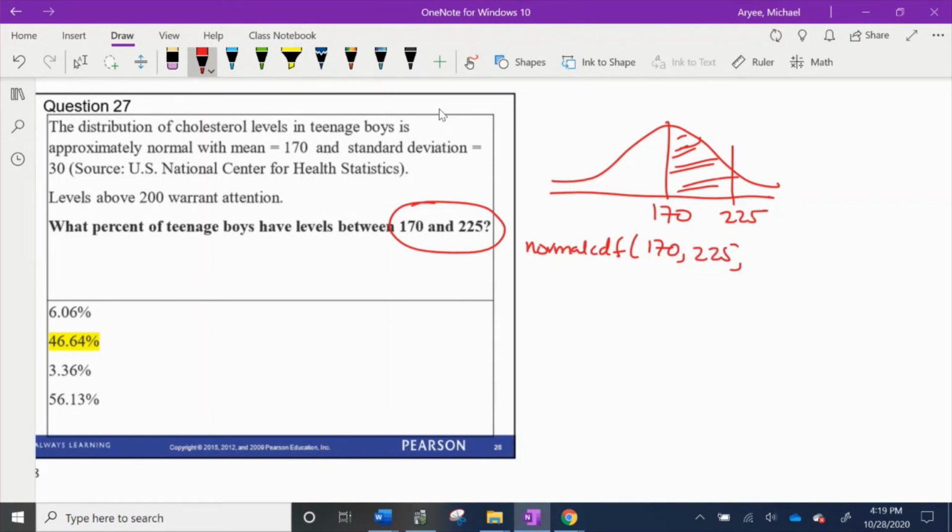The mean is 170. The standard deviation is 30. And that's it. They want us to change it to a percentage, so we're going to multiply by 100. Anyone has the answer? I got 0.4664, and if you multiply it by 100, you get 46.64. Okay, so this is definitely correct.